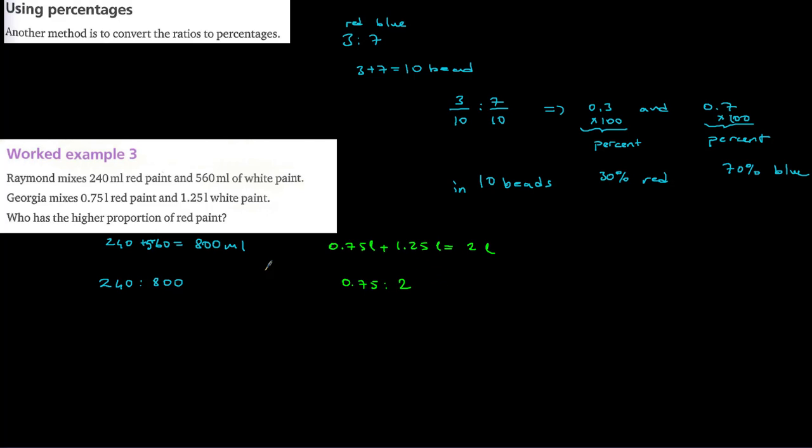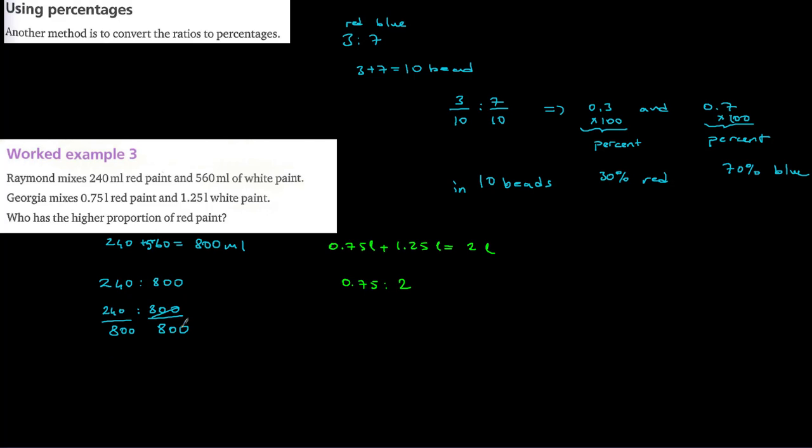So how to compare them? You can use the simplifying method, or you can use the percentages. Means you are going to write first one of them in decimal form, like 240 divided by 800.